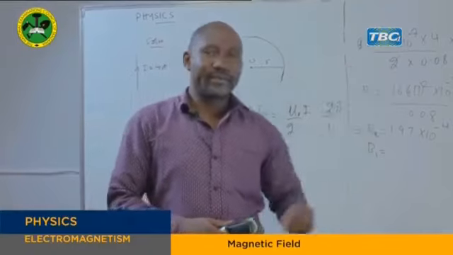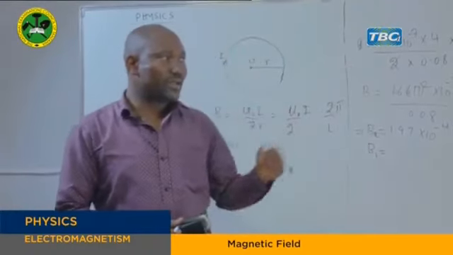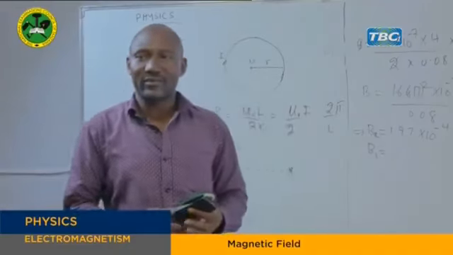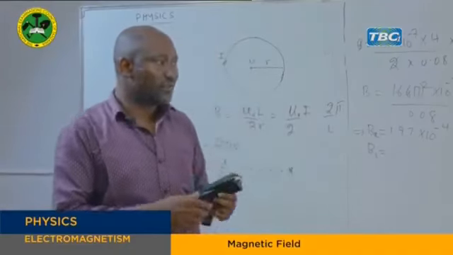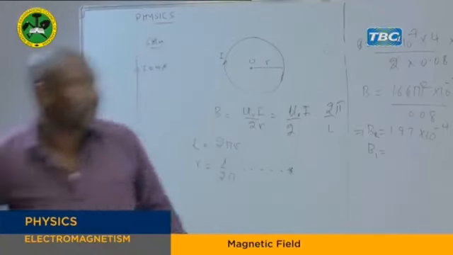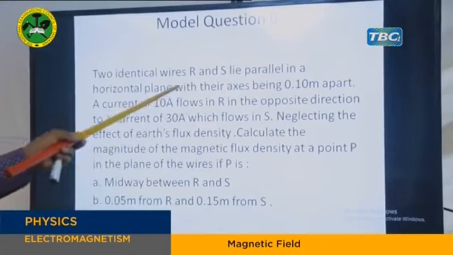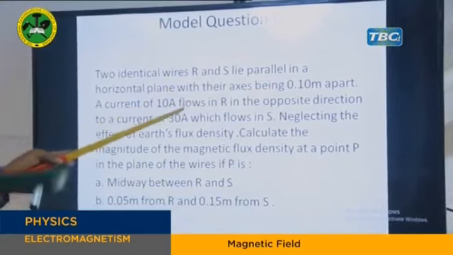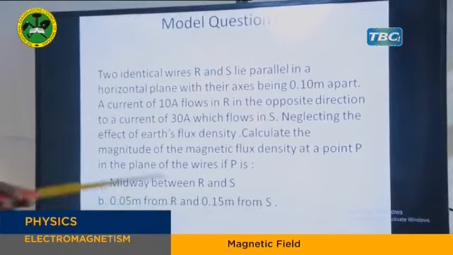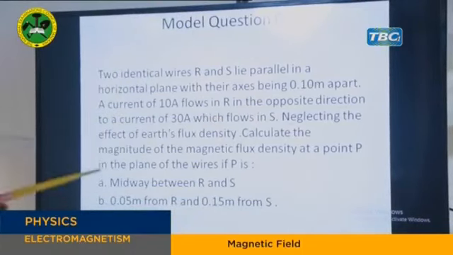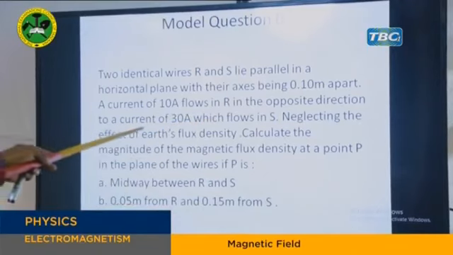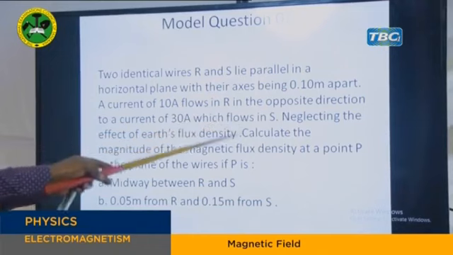Okay, let's check example number 2, which is giving us another competence-based question on how to use different formulas when finding the magnetic flux density of various conductors. The question says, two identical wires, R and S, they lie on the horizontal plane with their axes 0.1 meter apart. A current of 10 amperes flows in R, opposite to that in S, which is 30 amperes.